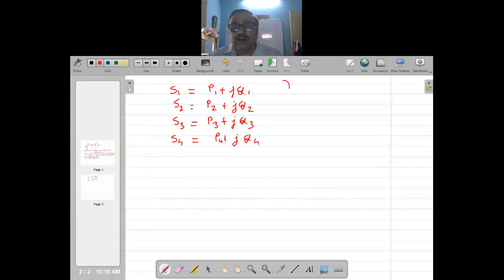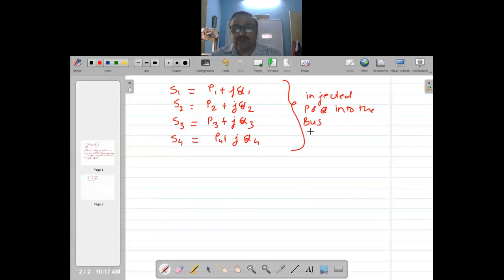So these are all injected. Whenever we say that I know PQ, this is the injected P and Q into the bus, not the network. So if there is a load PQ, that will have negative values.